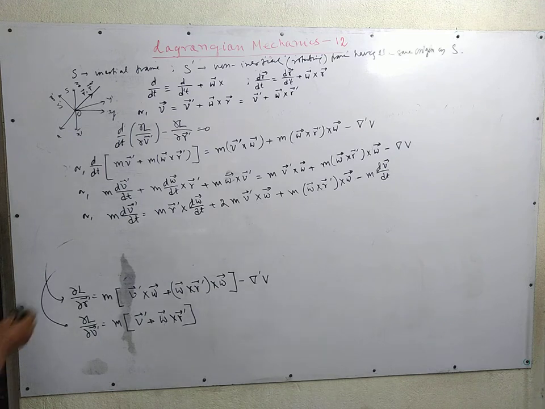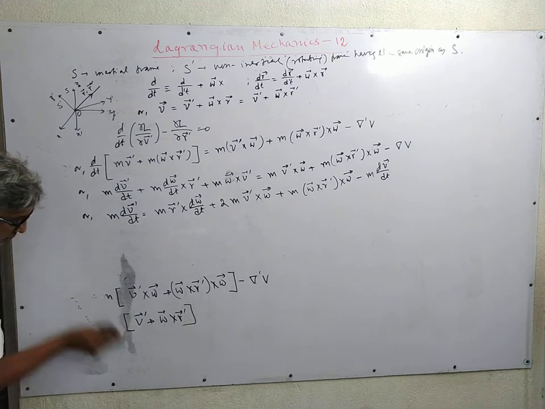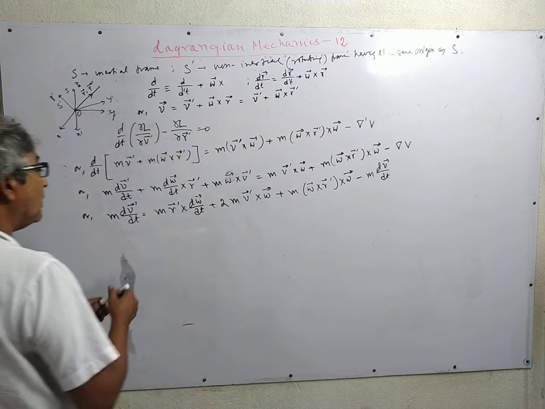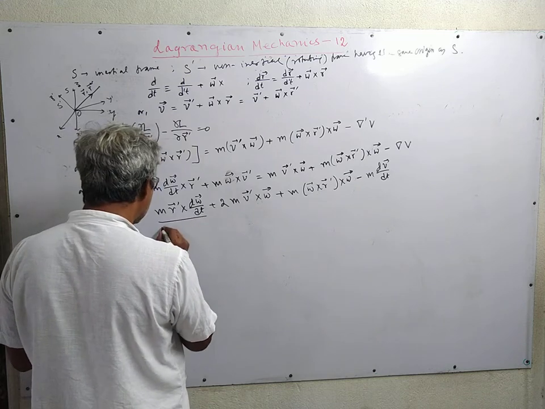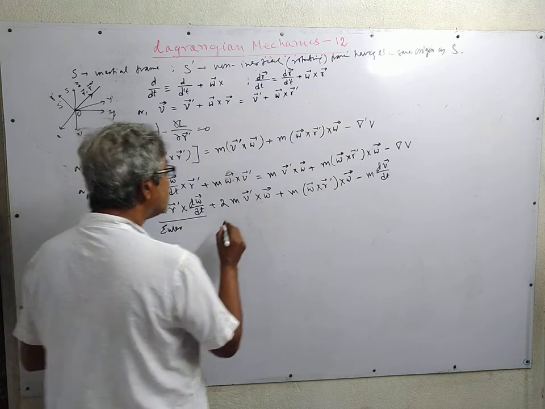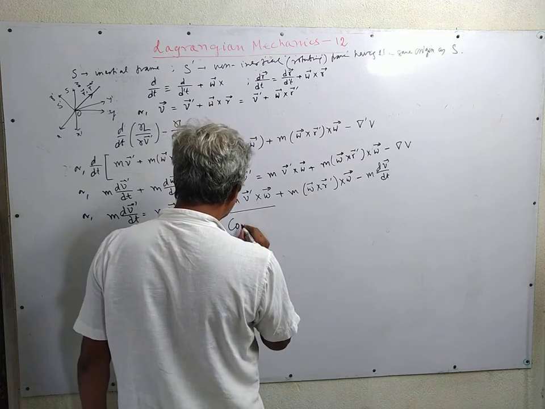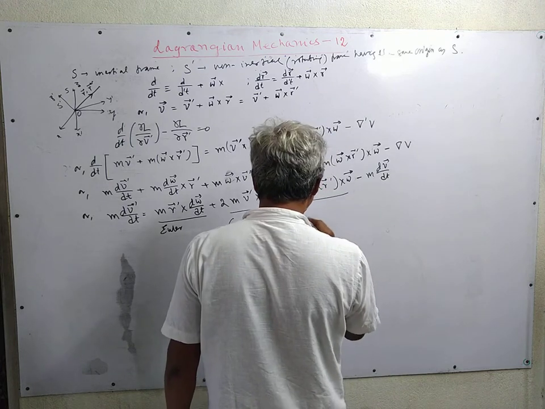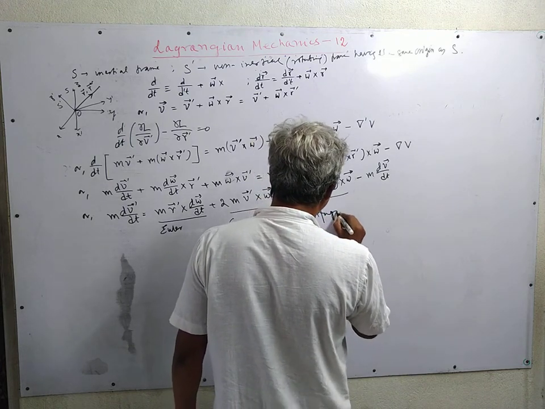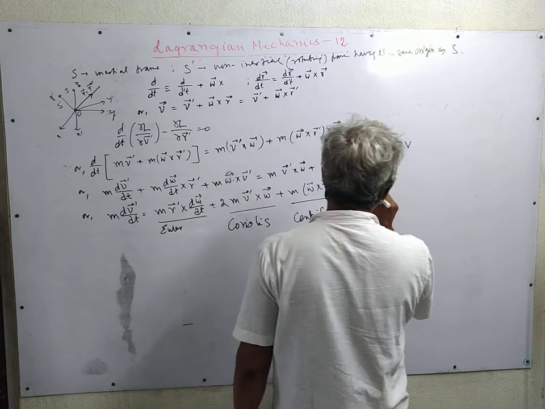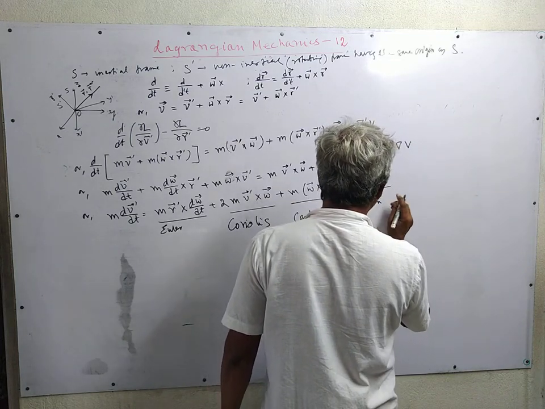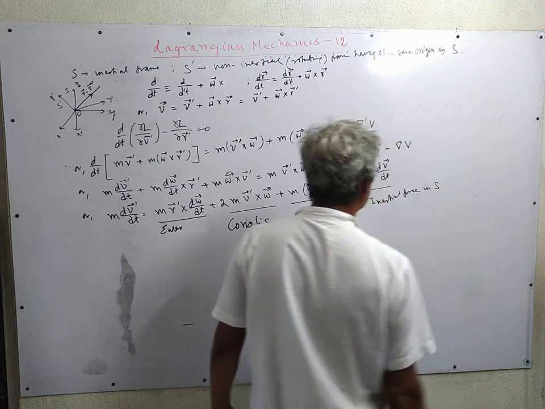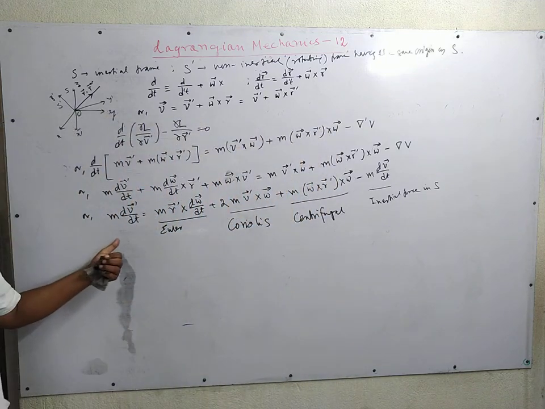So we can write the equation of motion in a non-inertial frame, and we identify this is the Euler force, this is the Coriolis force, this is the centrifugal force, and it is the inertial force in the S' frame.